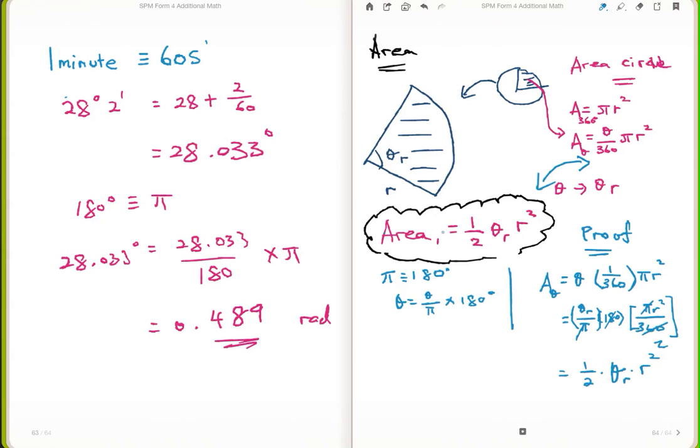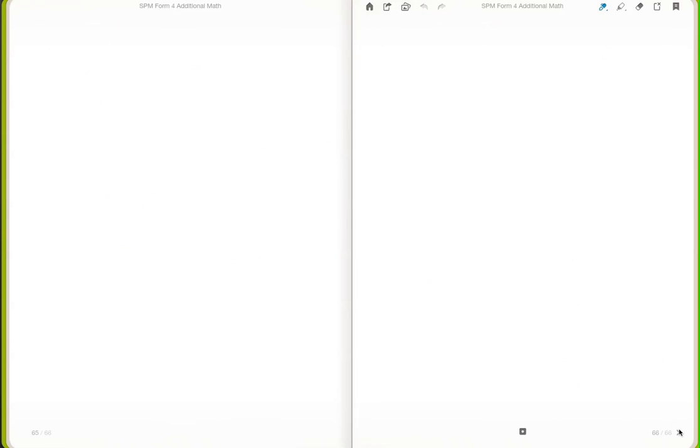Now next would be the area of a triangle. Because if you examine carefully or look through those questions later, most of the time you would have a sector, tembereng, a lilitan.